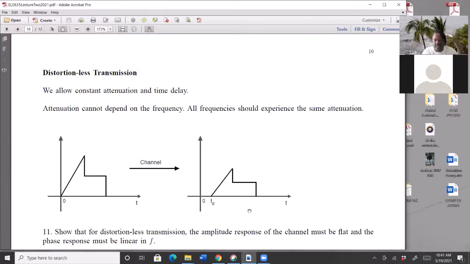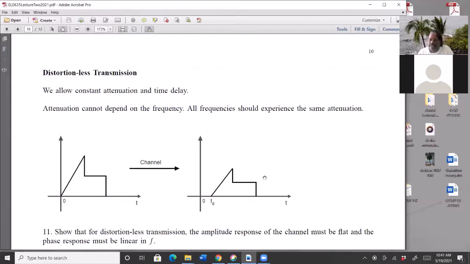Because of that, we have this concept called distortionless transmission. So listen to me very carefully. Whenever the shape remains exactly the same, nothing changes horizontally, but vertically the signal is attenuated, that's fine. When that happens, we call this distortionless transmission.